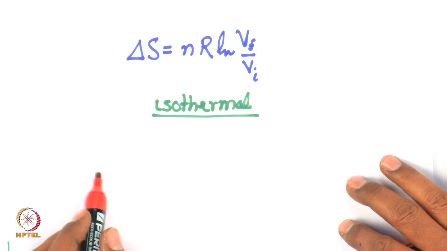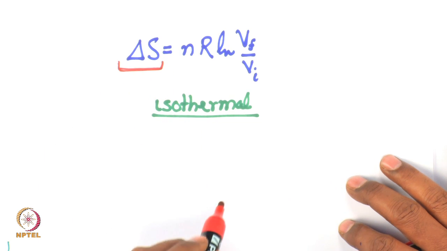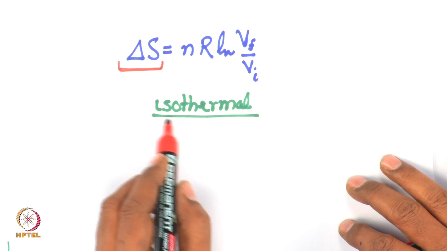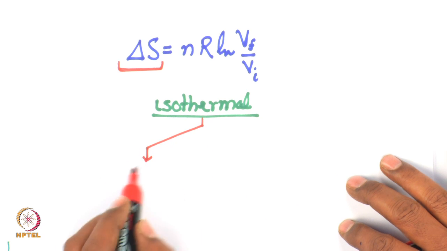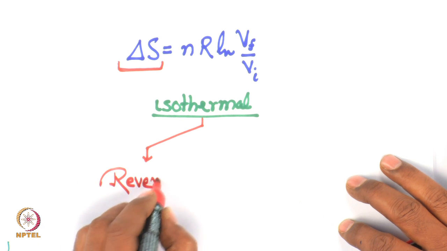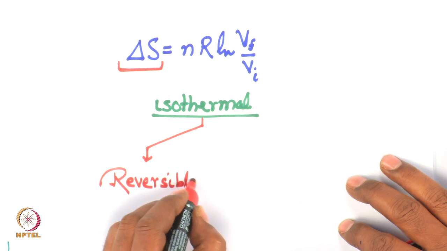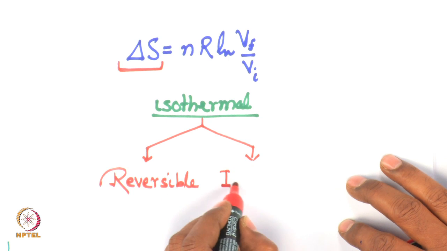Another point to be noticed here is that since entropy is a state function, delta S is going to be the same as long as the process is isothermal, whether it is reversible or irreversible.